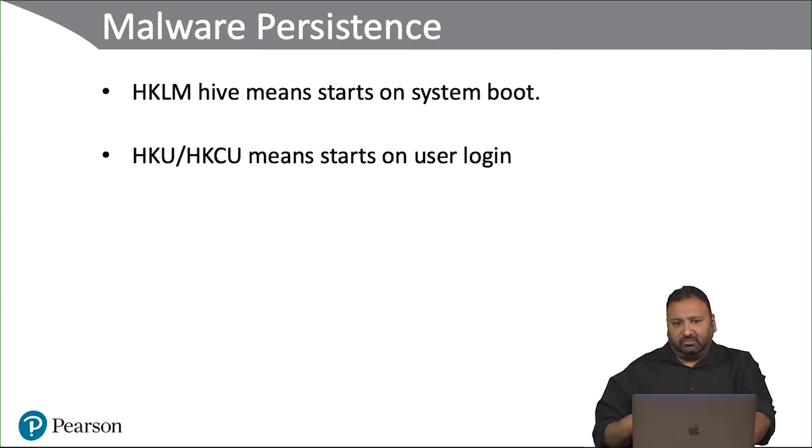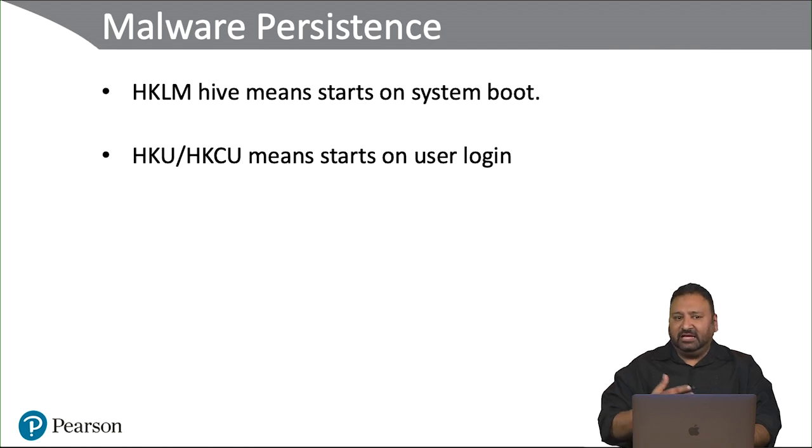User level actually starts on user login. So if you have a registry key in HKCU, that's when the user actually logs in, that's when the registry key is executed, and that's when the malware program is executed. So the difference is, think about the login screen where it says hit Control-Alt-Delete, put in your username and password.